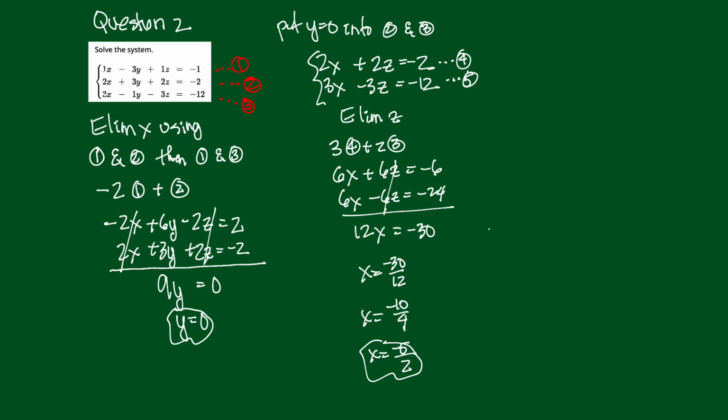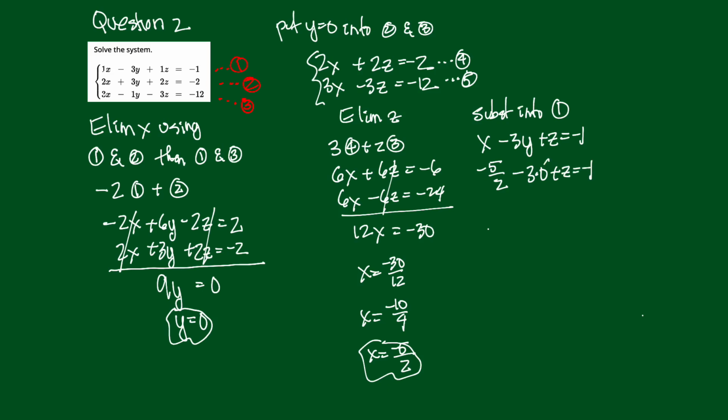So now I've got x. Now I've got y. So why don't we just substitute these into, doesn't matter, pick an equation. How about number 1? Okay, so here's equation 1. x minus 3y plus z is equal to negative 1. Now x is negative 5 halves. This is 0 now, right? 3 times 0 plus z, this is negative 1.